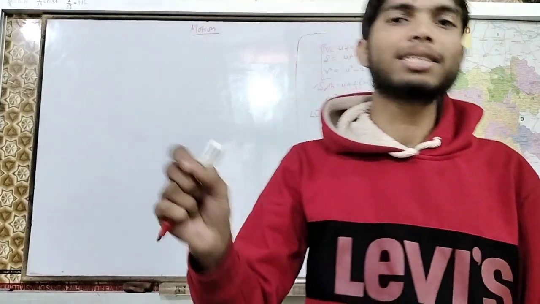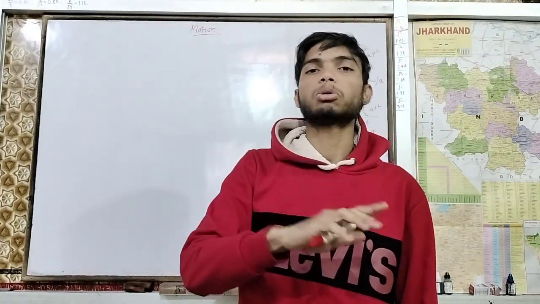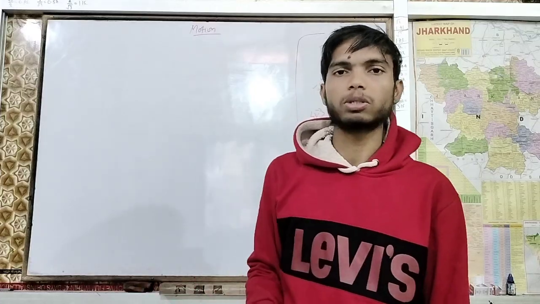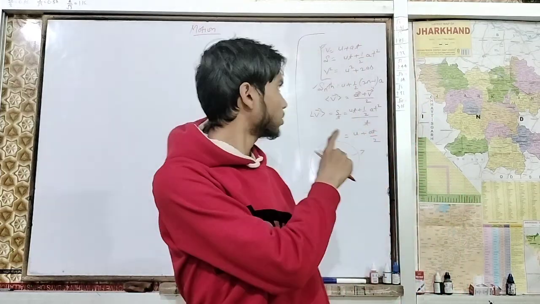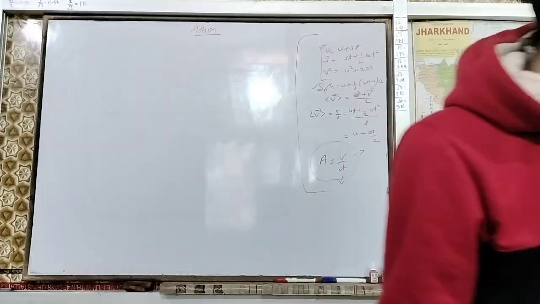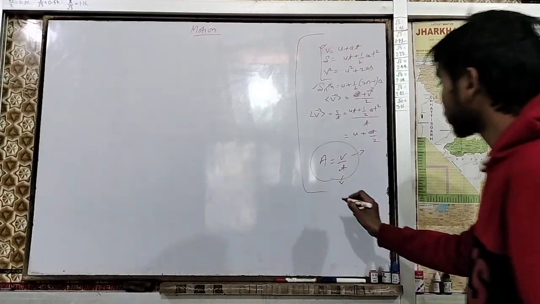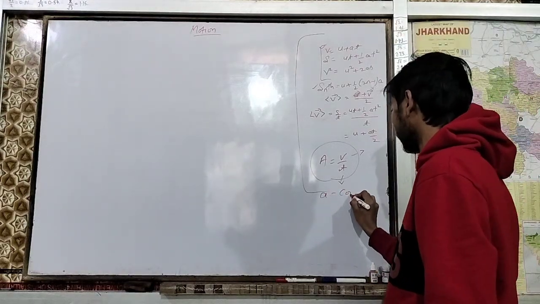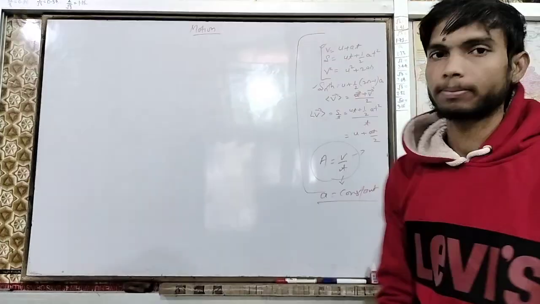If acceleration is changing with respect to time, then these formulas will not be used at all. So you can use all these formulas when acceleration in your equation is given as constant. Okay, so remember, acceleration should be constant. Then this will be valid.